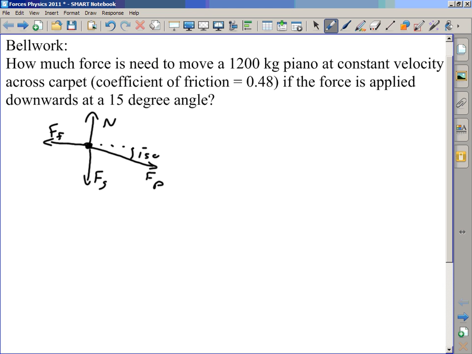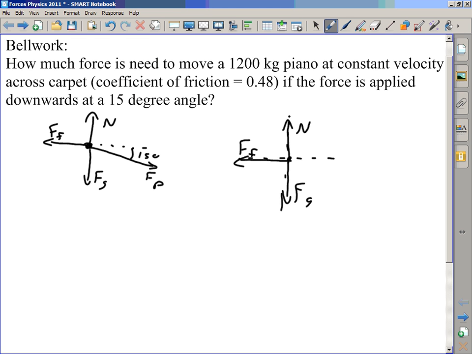Next step, what is it? Break into components. How many of these things do I have to break into components? Just one of them. Normal, gravity, friction. What happens to the force of push?